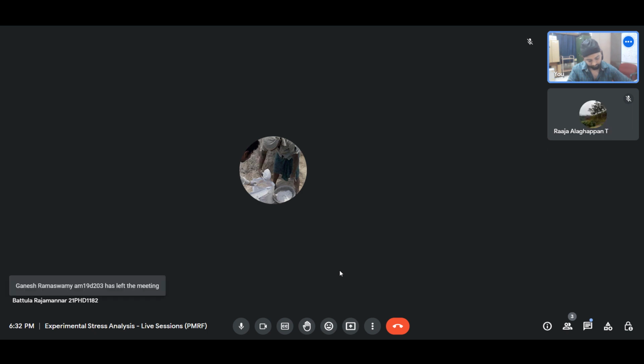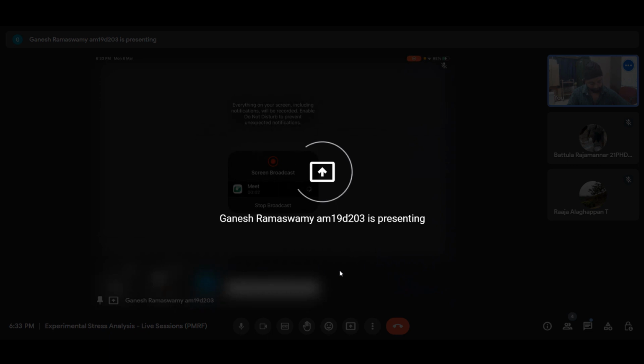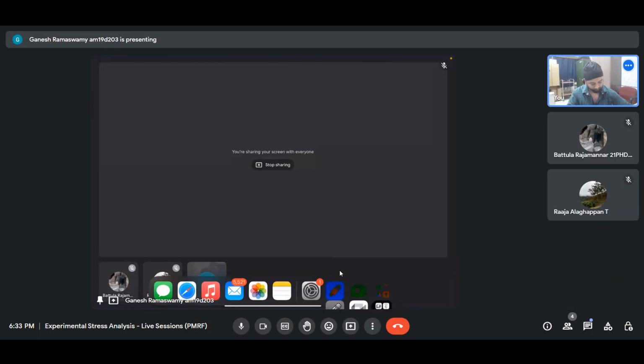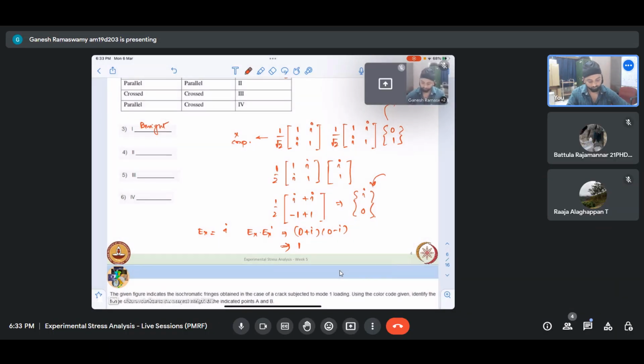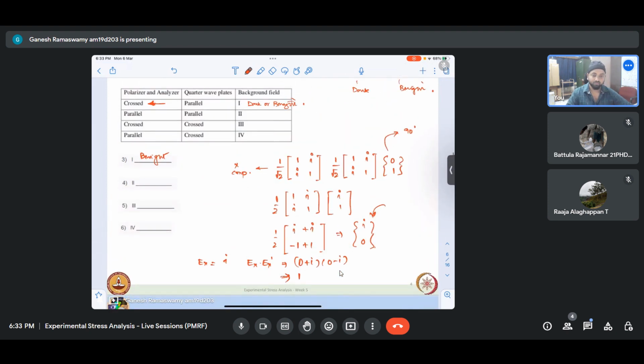So I'll just present back my screen. This software is called T-Scope, and I had included that in one of the earlier sessions also towards the end in order to explain the isoclinic and isochromatic formation.